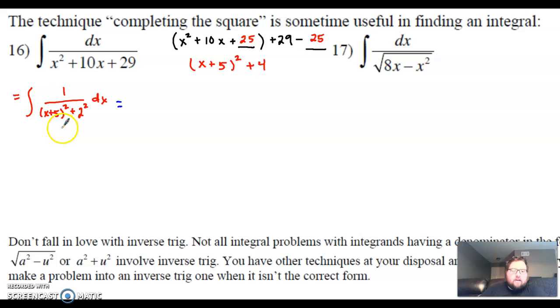You only really need to write it out if you get an extra constant that you have to divide by your integral, or if there's an x or some other variable involved. All right, so our arctan is 1 over a arctan of u, which is x plus 5, divided by a, which is 2, and then we're doing an indefinite integral, so we need our plus c.